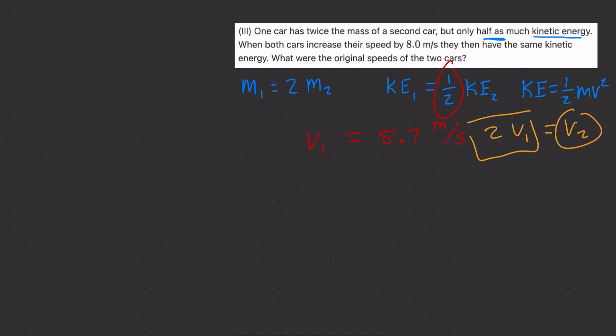So we're going to do that round over again, but we're going to plug in an actual number for V1. And when we plug in that number for V1, and we plug in 2m2 for m1, we can get rid of our m's.